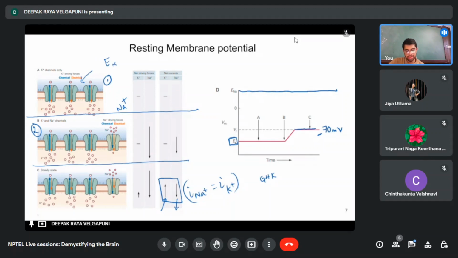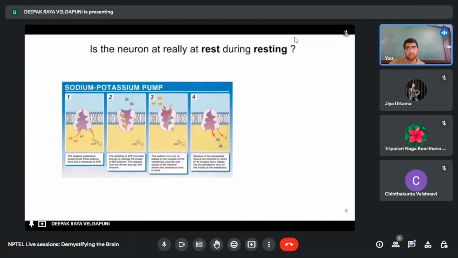Slowly all charges come up and electrical neutrality is established again and the potential difference is zero. But for neuron computation, we need to have some resting potential so that you can activate, and this stores and represents the information. So the question is, is the neuron really at rest during resting?